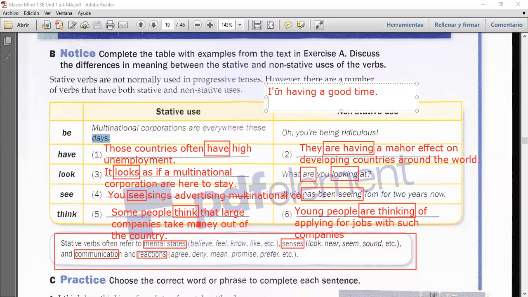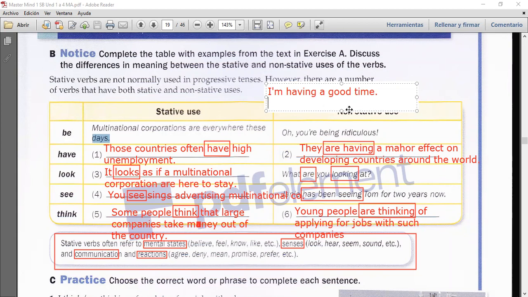A stative verb as an action verb. In this moment, you're feeling good. Similar to they are having a major effect.